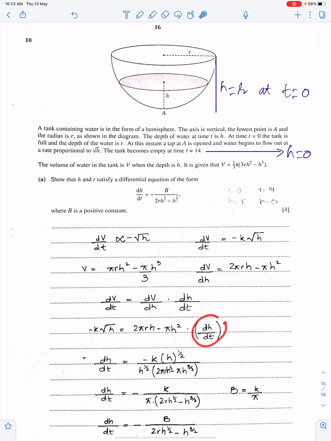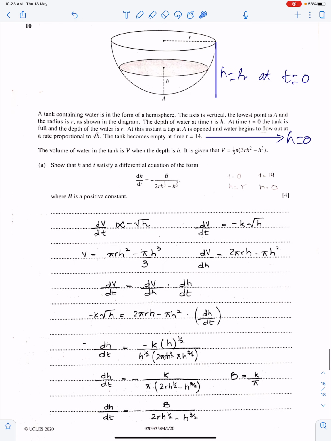Now we have to make dh upon dt the subject. This is here. And we have to write b here. Since we have b, we suppose this constant, minus k upon pi, as b. This constant is known as an arbitrary constant. So we just need to compare this result with this result.